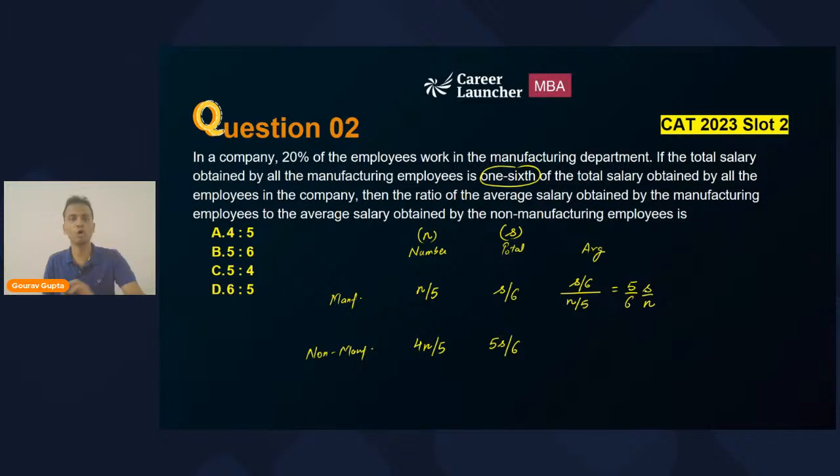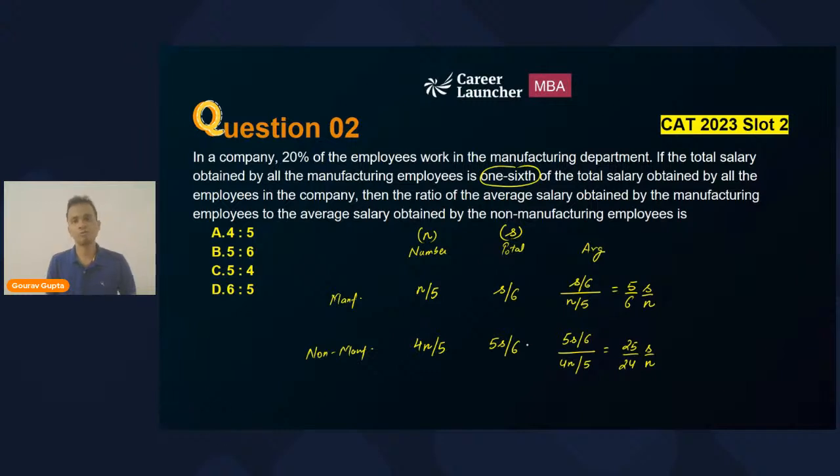If you do not use these variables, even then you will get the same answer. Now, looking at non-manufacturing employees, the average will be 5S upon 6, the total salary, divided by the number of employees, 4n upon 5. So this will come out to be 25 upon 24 times S upon n, right?